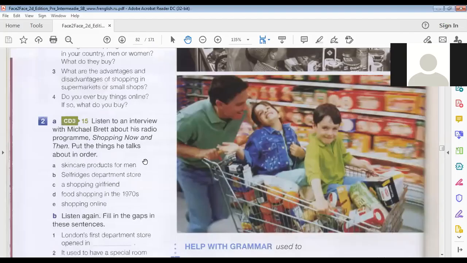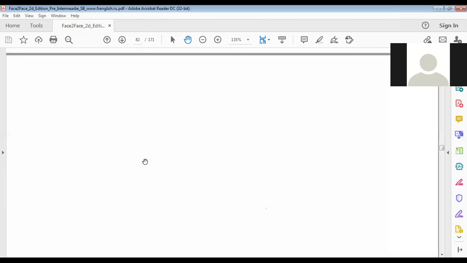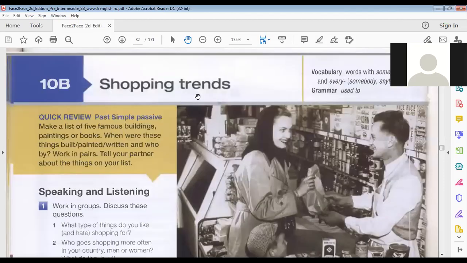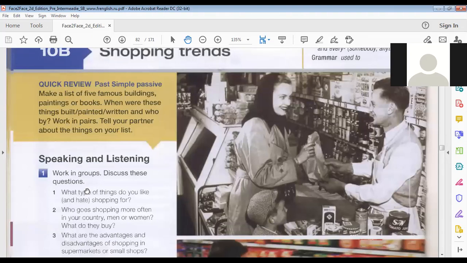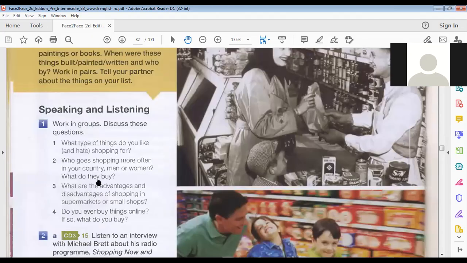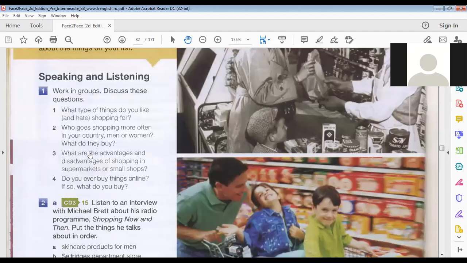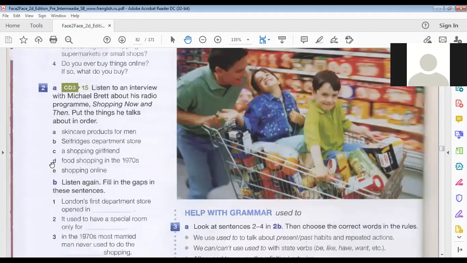So in our last lesson, we talked about shopping trends or shopping habits, and how shopping habits have changed from long ago to how they are now today. We also talked about how shopping in the 70s was very different.